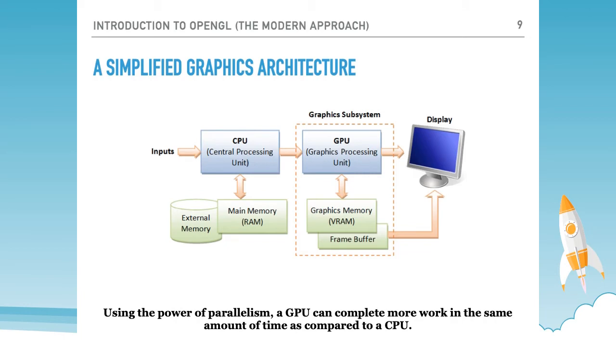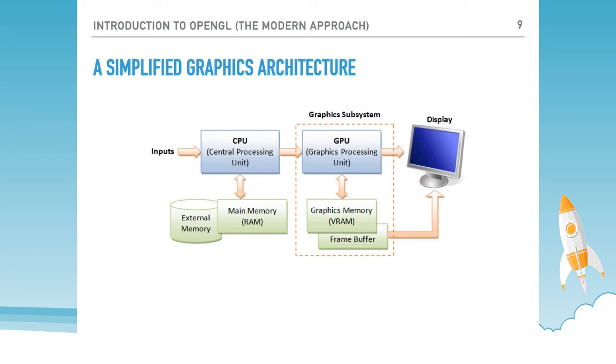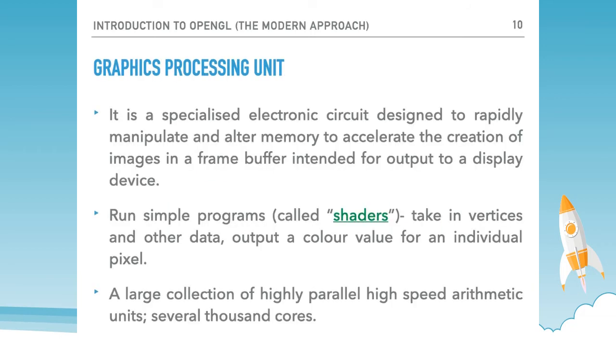Using the power of parallelism, a GPU can complete more work in the same amount of time as compared to a CPU. So overall, a GPU is a specialized electronic circuit designed to rapidly manipulate and alter memory to accelerate the creation of images in the frame buffer, which is intended for the output to a display device.